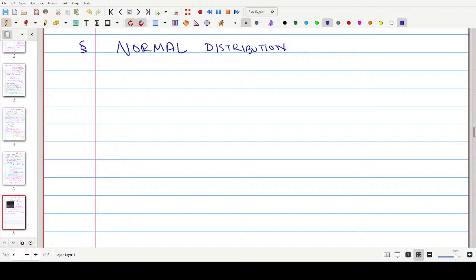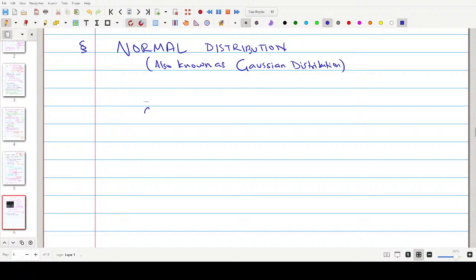It is also known as the Gaussian distribution, and it has a very complicated density function.